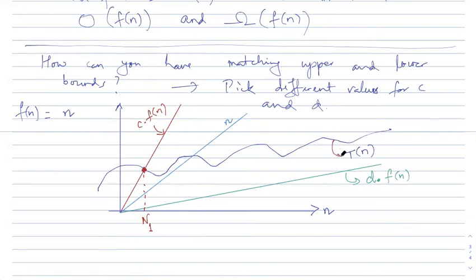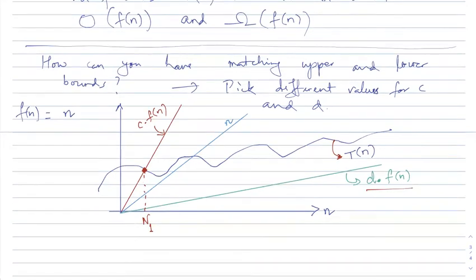Because t of n is this one. It's always above. And likewise, d times f of n, beyond that point, is always below t of n.